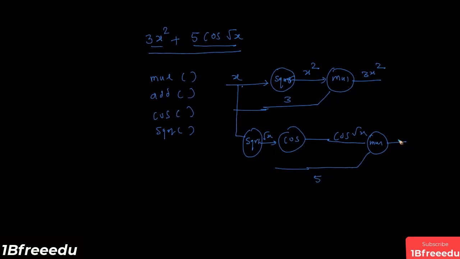So this will produce 5 cos of root x, and then I can give this as another input to another neuron, or the unit called, let's say, addition. So this will produce the output which will look like this.